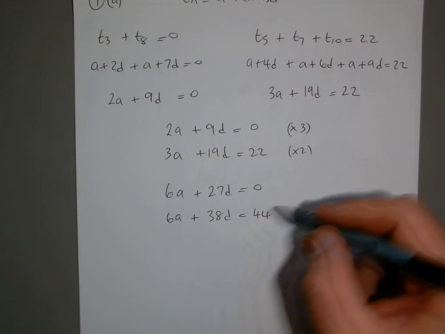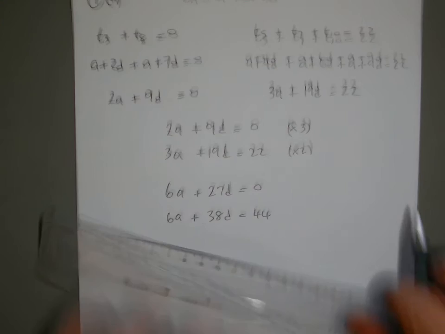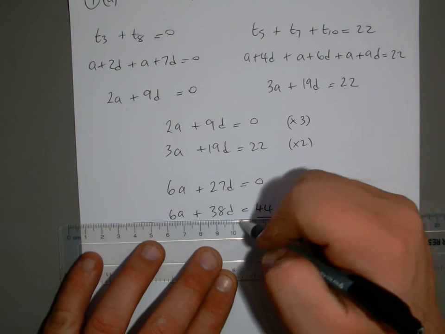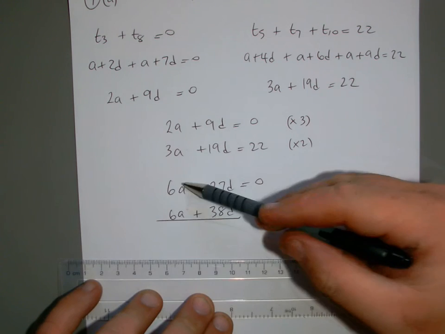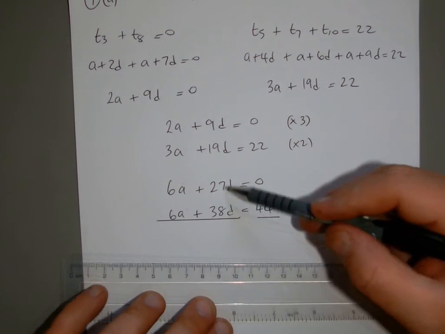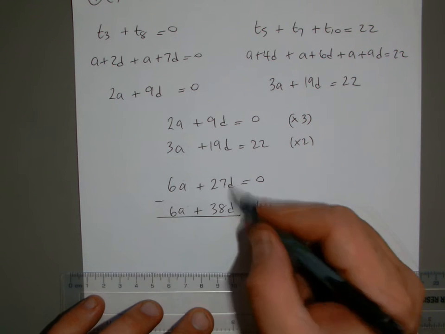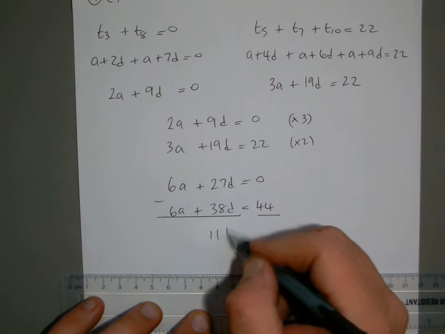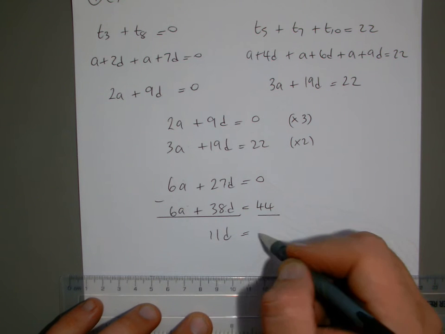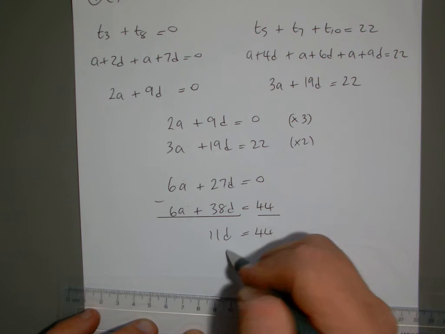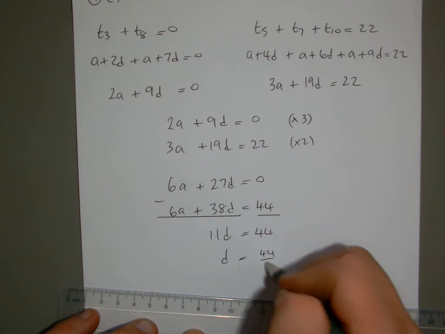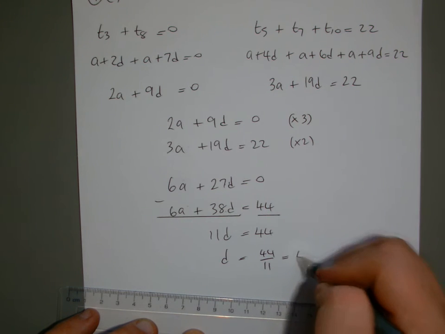Then if we take it away, we want to do the bottom take away the top. 6a take away 6a is 0, 38d take away 27d is 11d, and then 44 take away 0 is 44. So that means d is 44 divided by 11, which is 4.